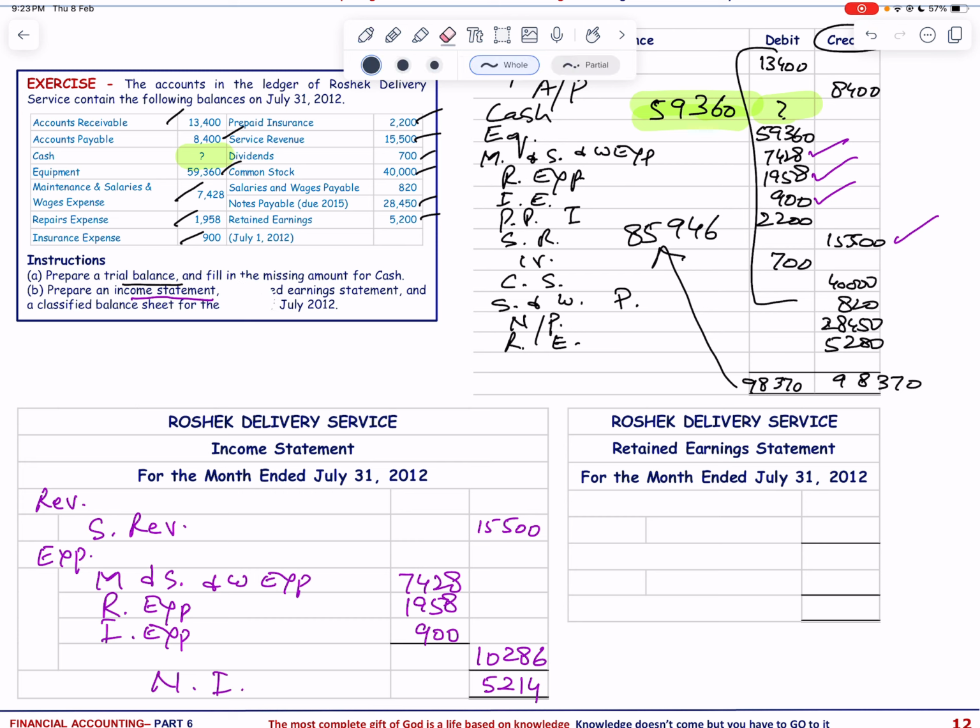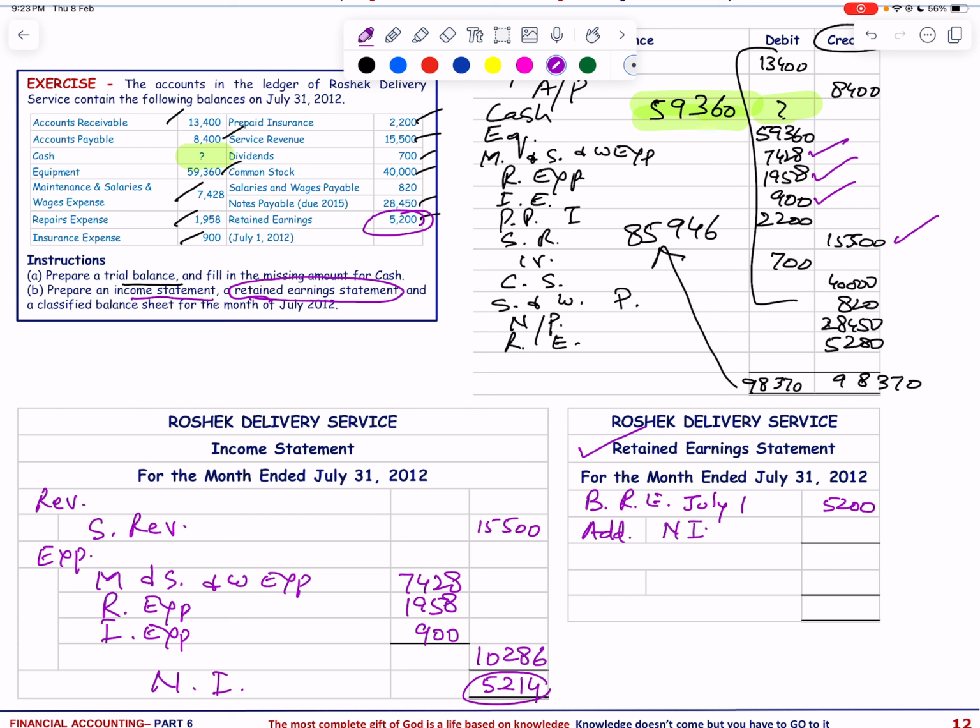Then we have to prepare the retained earning statement, and we start with the beginning retained earning, and that is on July 1, and the beginning retained earning was 5,200. To this we are going to add the net income, and the net income is 5214.